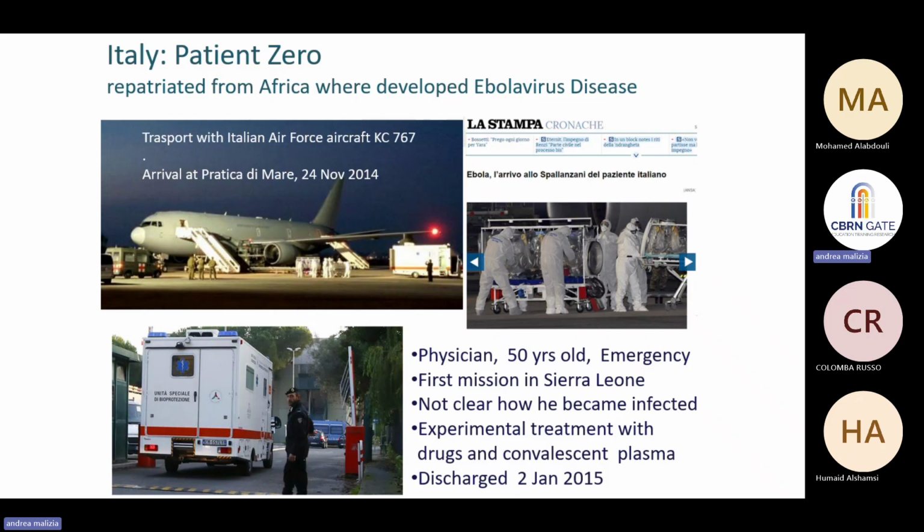BSL-4 laboratories in Italy are present at Spallanzani, but also at Sacco in Milan, but now Sacco in Milan has some problems.